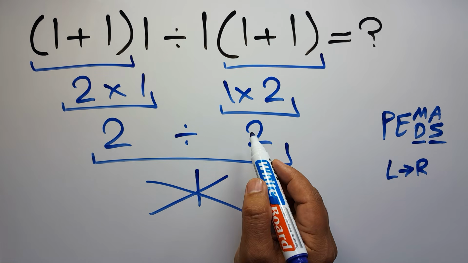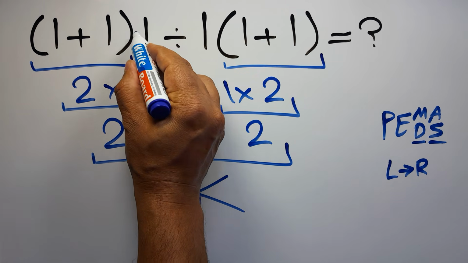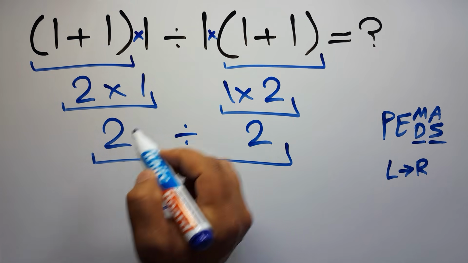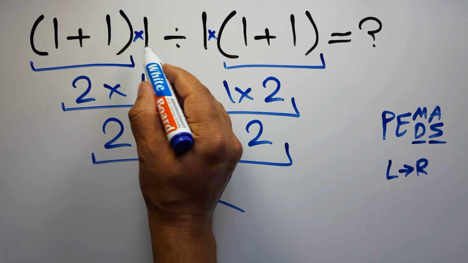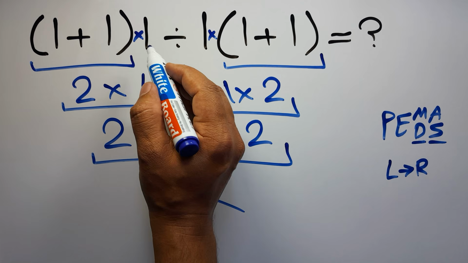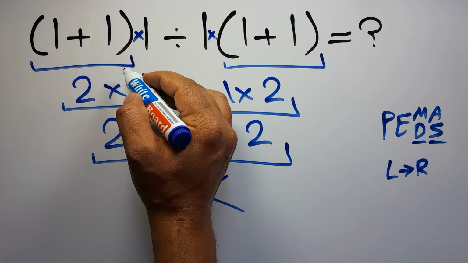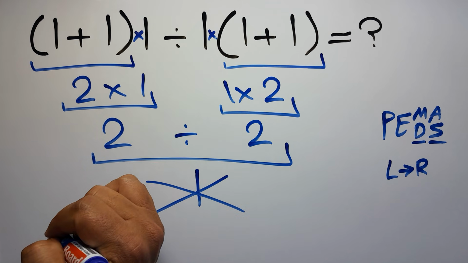In this expression, we have 2 parentheses and 2 multiplications and 1 division. Here and here we have 2 multiplications because in mathematics, when a number is placed next to parentheses, it means multiplication, and we usually don't write the multiplication sign for brevity.